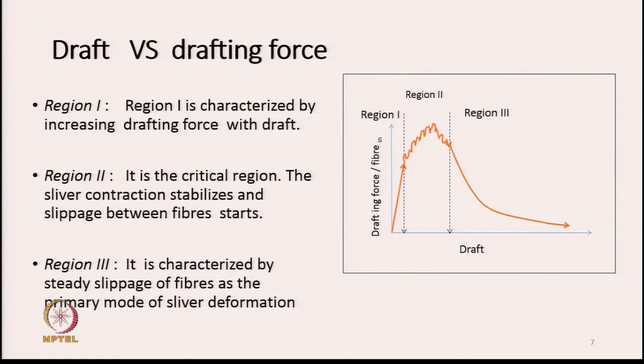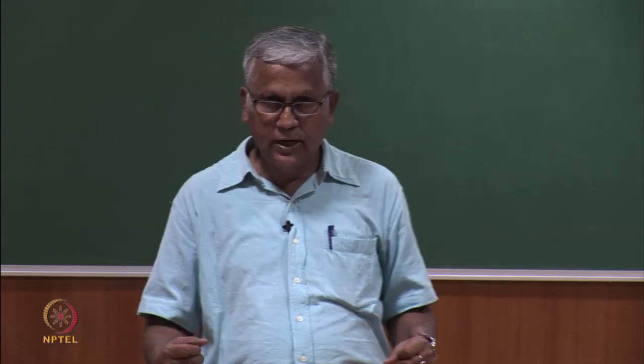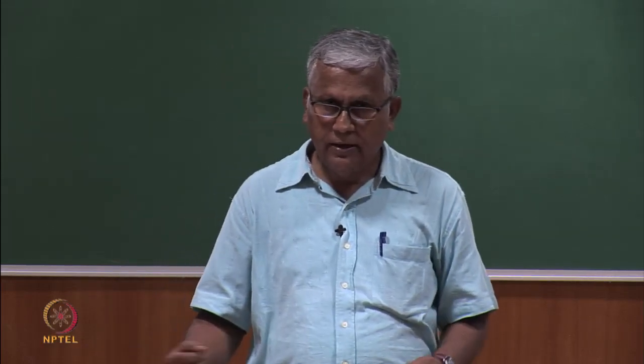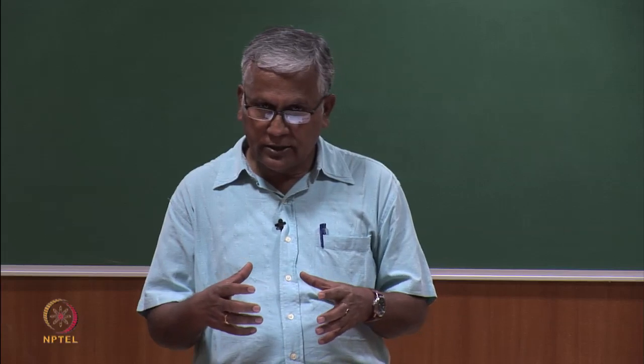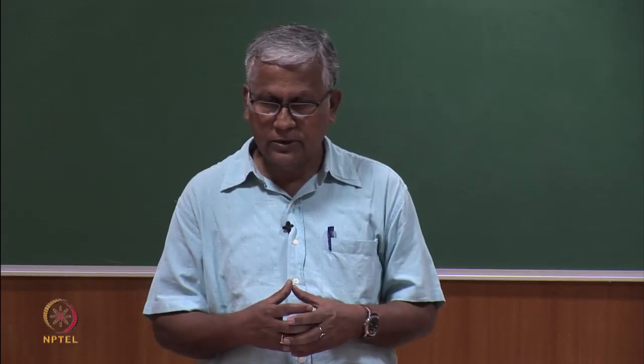So, here the force increases with draft, and why does it increase with draft? The reason is that as I slightly stretch this fiber, the crimpy fibers are going to lose their crimp, and there will be a contraction of this fiber.